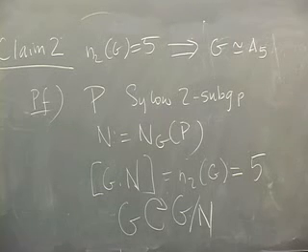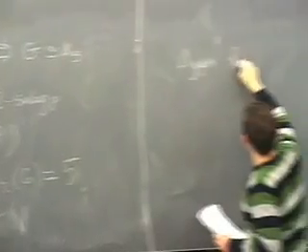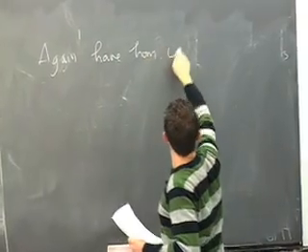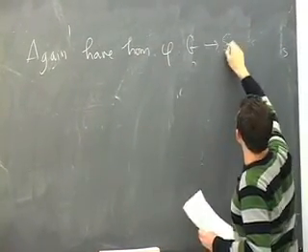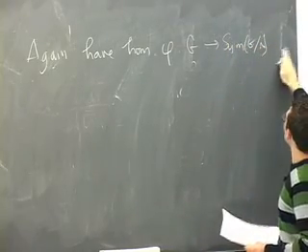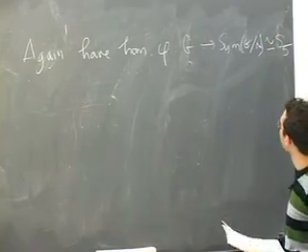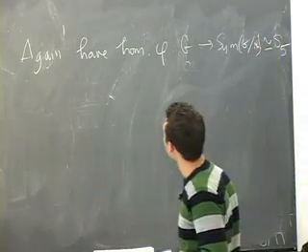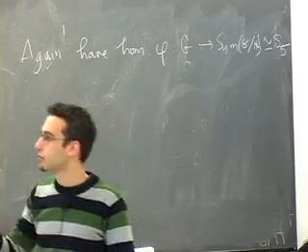And so again, we have a homomorphism, hom phi going from G to Sym(G mod N), which in this case is isomorphic to S5 because G mod N has 5 elements. And again, same sort of argument over here.